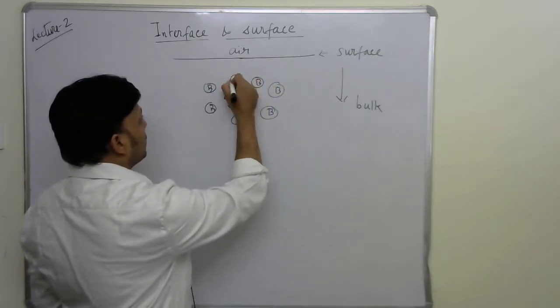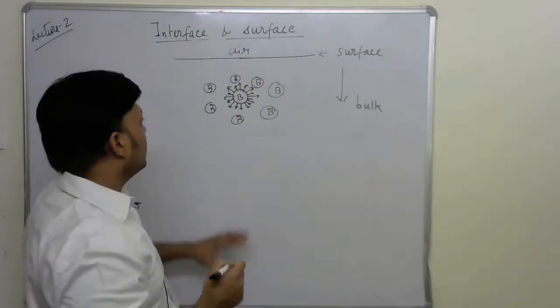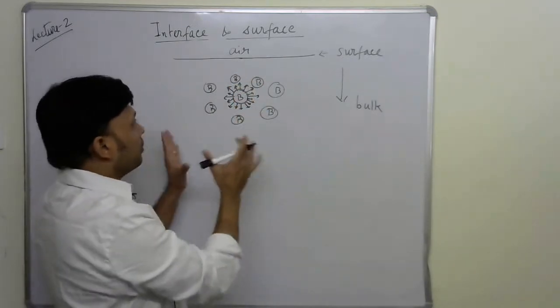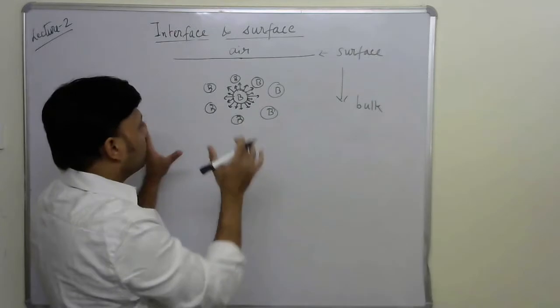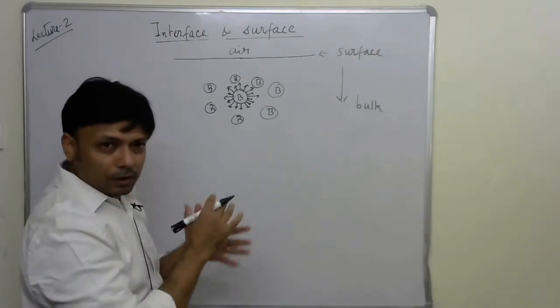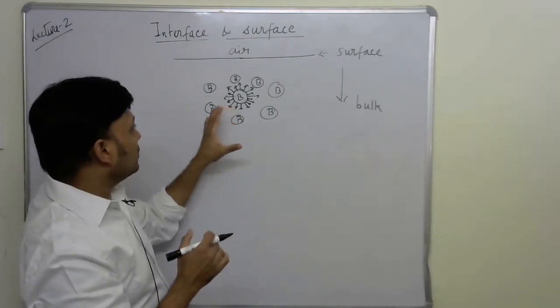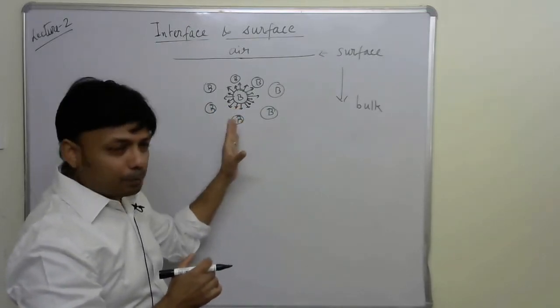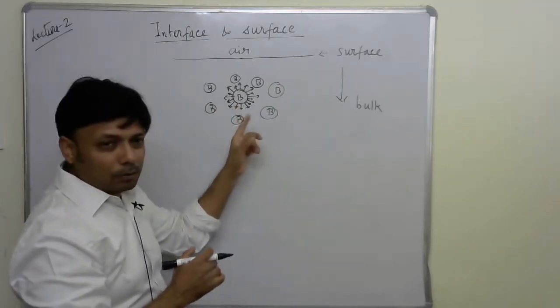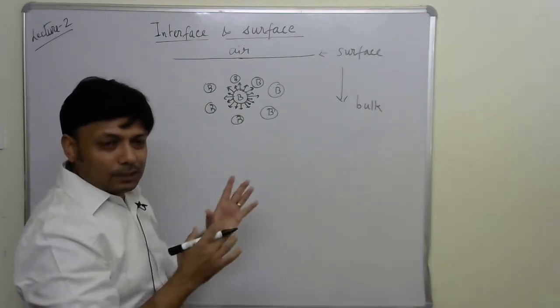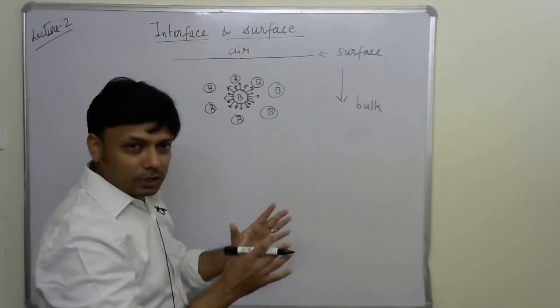So this bulk molecule is experiencing the force of attraction in all directions. That means there is no driving force for the bulk molecule, because the net force is zero, there is no force in any net direction.